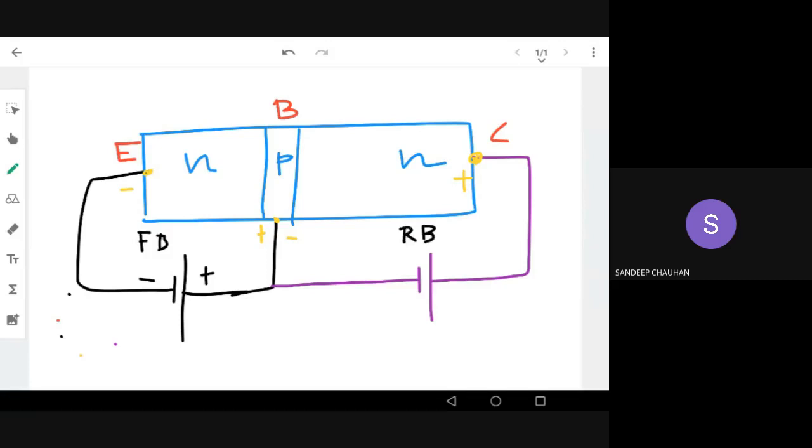right? Okay, so these two possibilities are there. By applying these two voltages, we get some biasing here. Both are N regions, so there is not as such biasing right now, but there is a potential across emitter and collector. That is, the collector region is at a higher voltage than the emitter region.